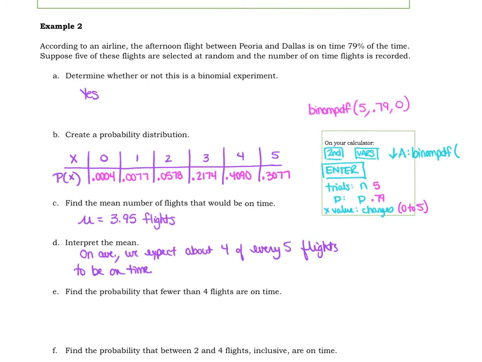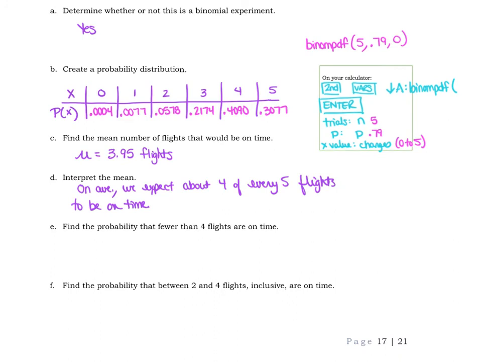Find the probability that fewer than 4 flights are on time. Well, now we're back to actually a question like we were doing in the last section. Fewer than 4, probability that x is less than 4. So you can do one of two things. You have two choices. One's a little faster than the other, but not by much. You can either add up the probability that no flights are on time, 1 flight, 2 flights, up to 3 flights are on time, or if you prefer, you can do 1 minus 4 flights are on time minus all 5 flights are on time.